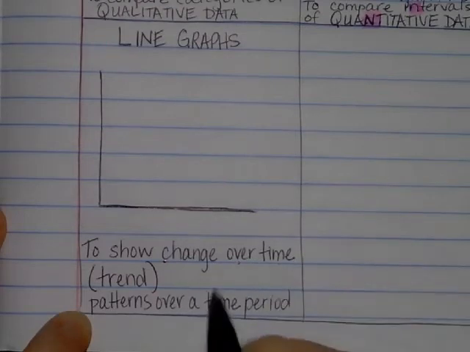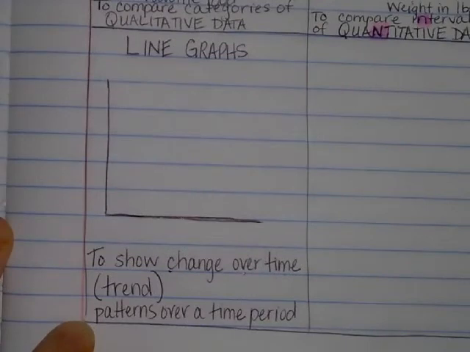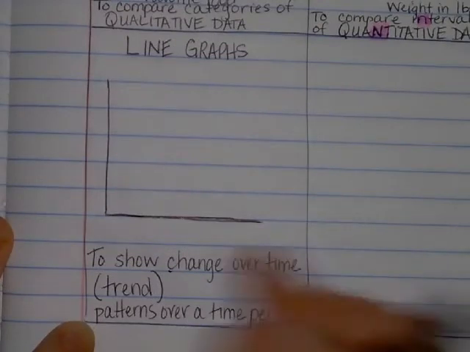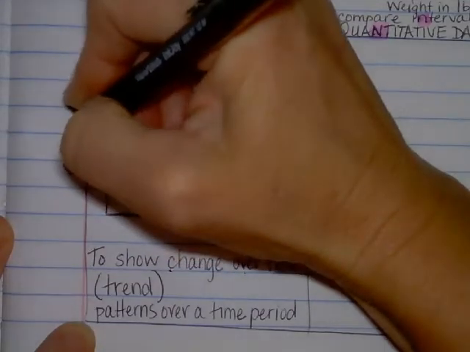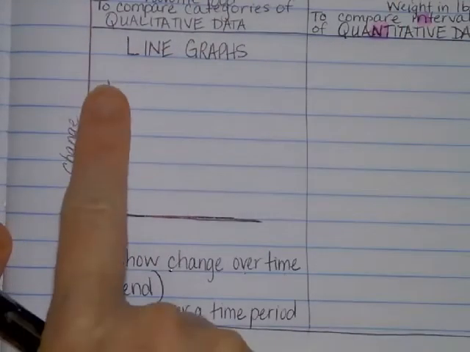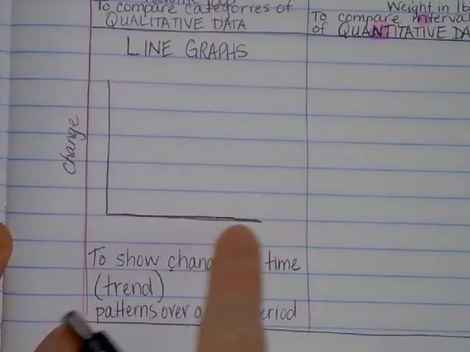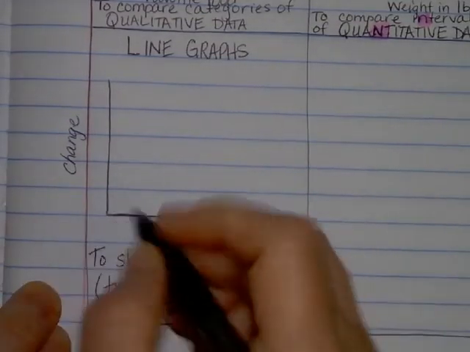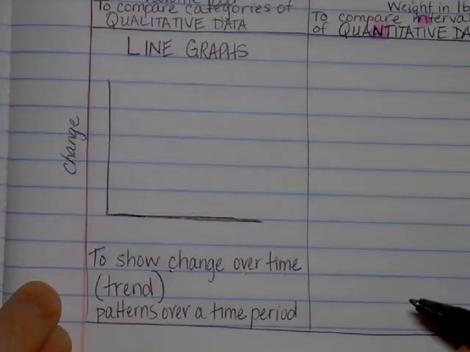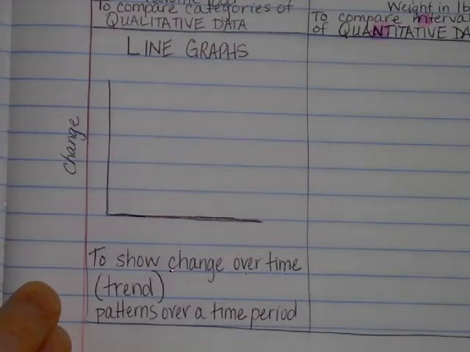And when we think of change over time, that tells us pretty much literally how our graph is set up. We have change, and that change is kind of hovering over our time. Okay, so our time goes across, our change goes up and down. So time can be seconds, minutes, days, months, weeks, or years.